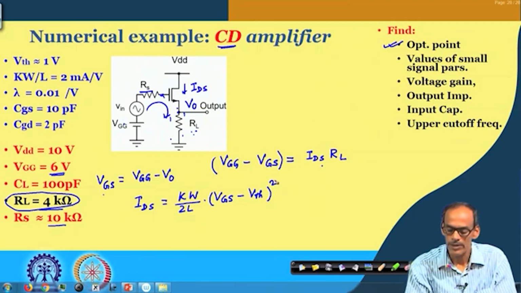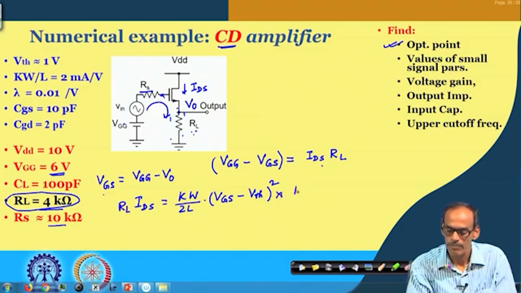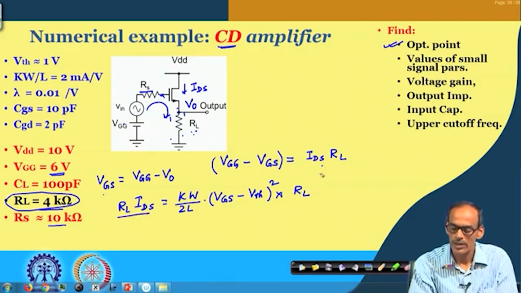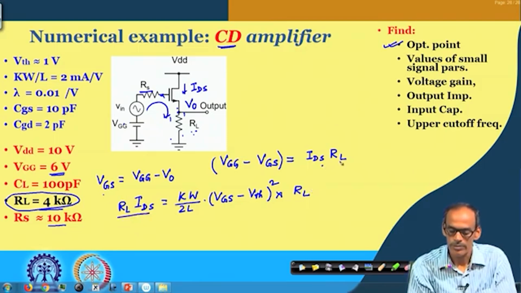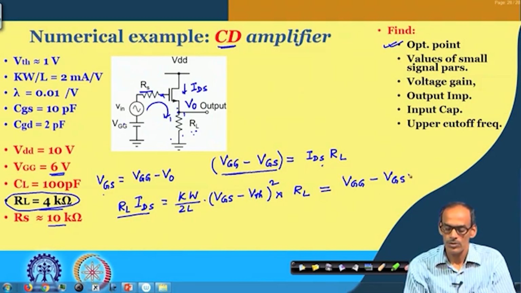If I multiply this by R L, we get R L into I D S, which is equal to V G G minus V G S. So probably we can try to see what the expression of this I D S will be, or how we proceed.